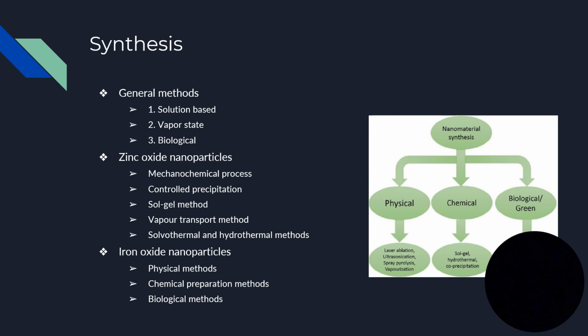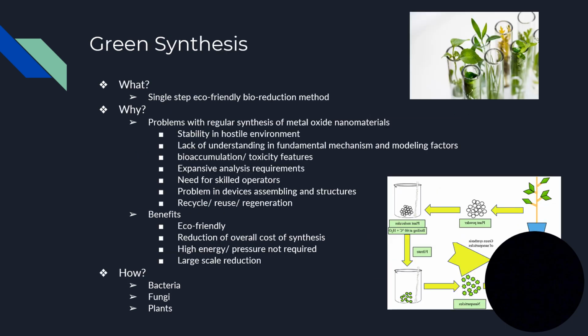As you can see, there's a little chart that shows these different physical, chemical, and biological methods used for synthesis of nanomaterials. So that shows the breakdown of what different syntheses we could use for specific nanoparticles.